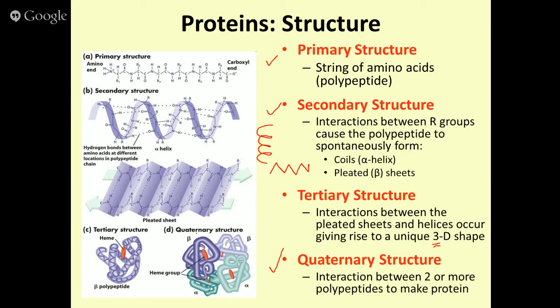Here you can see the protein hemoglobin, made of 1, 2, 3, 4 polypeptides sticking together to form your hemoglobin protein. So a protein is usually 2 or more polypeptides that stick together.